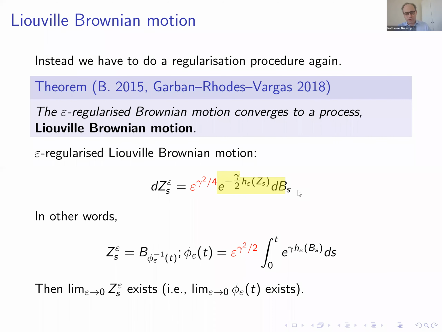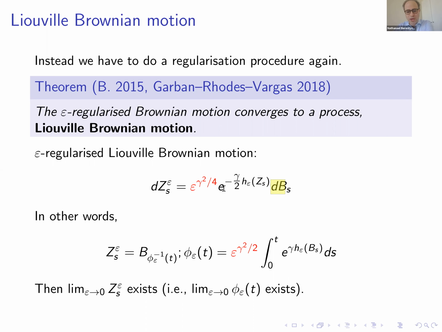as I said, the natural principle is given in terms of an SDE, which is just saying that the infinitesimal increment of your process should be proportional to that of a Brownian motion, but amplified by a factor e to the minus gamma over 2 times the value of the Gaussian free field at the point where we're diffusing.